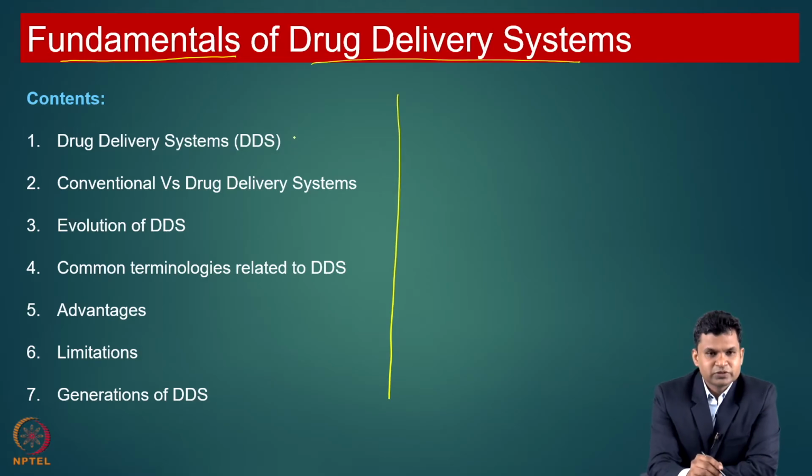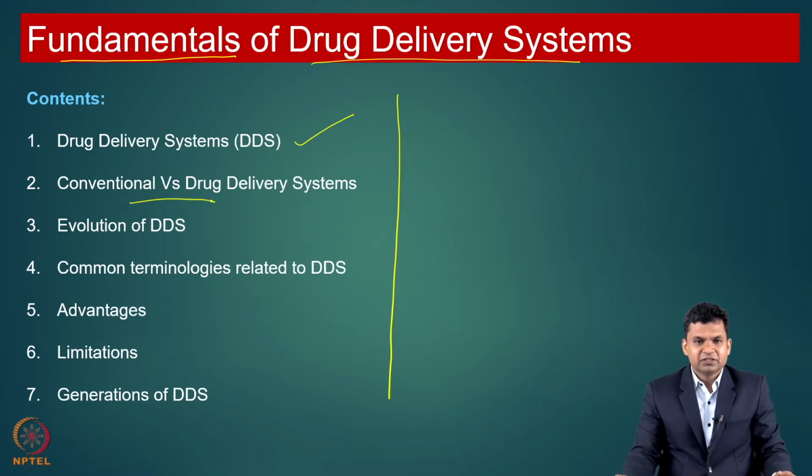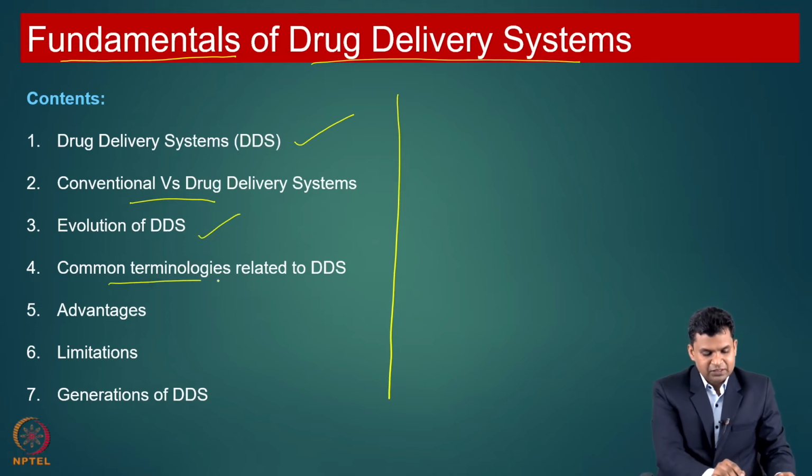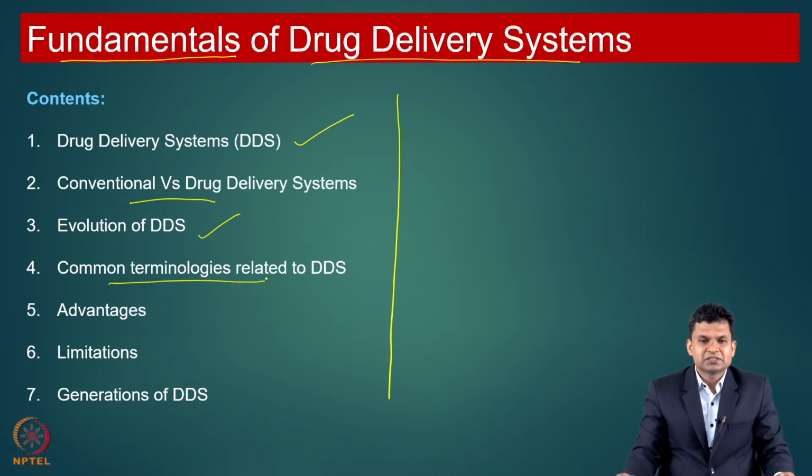I am going to discuss what drug delivery systems are, and after that we are going to see the difference between conventional and novel drug delivery systems. Further, we will see the evaluation of drug delivery systems, and the terminologies used in drug delivery systems.